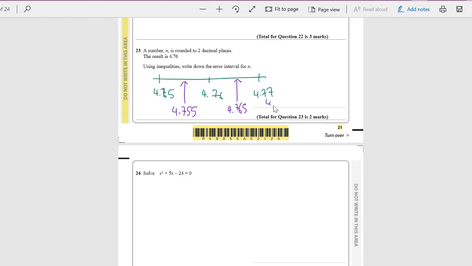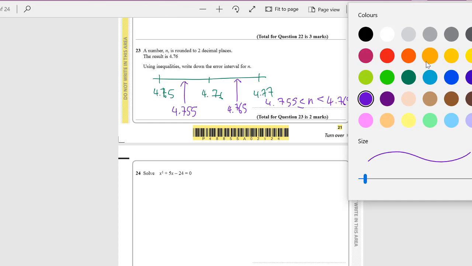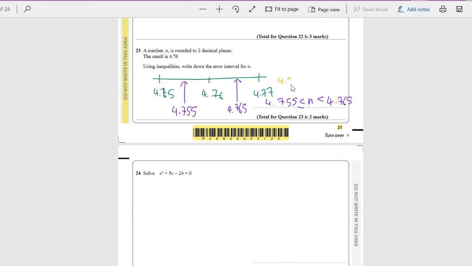So you say 4.755 is less than or equal to n, which is less than 4.765. Although you could also say 4.755 is less than or equal to n, which is less than or equal to 4.764. If you wanted to play around with the inequalities, you'll get different things.